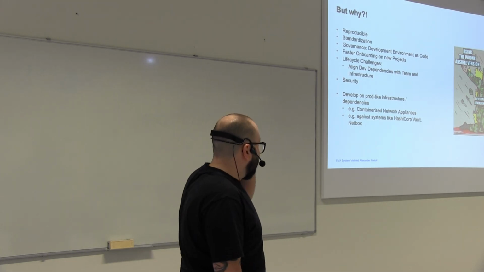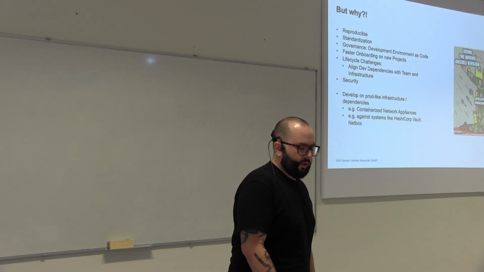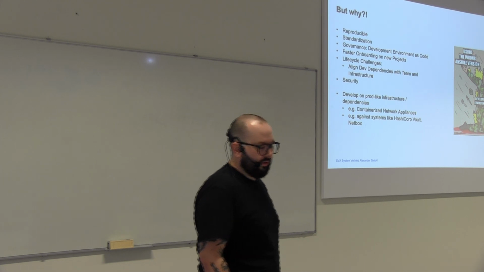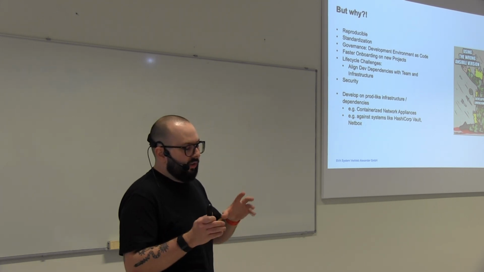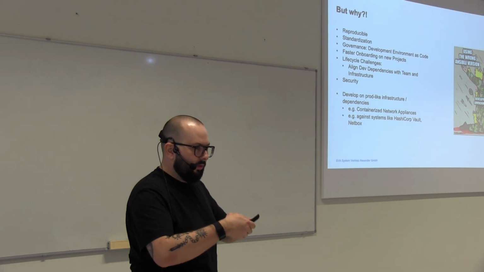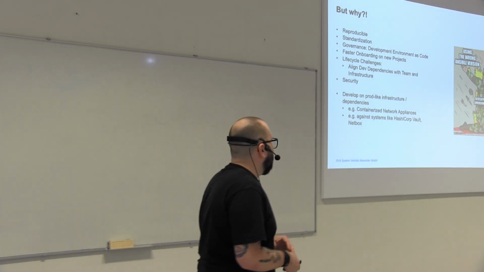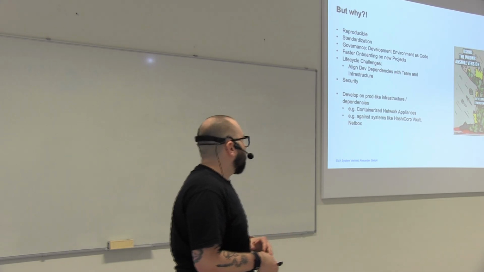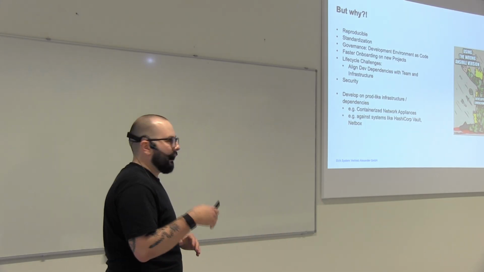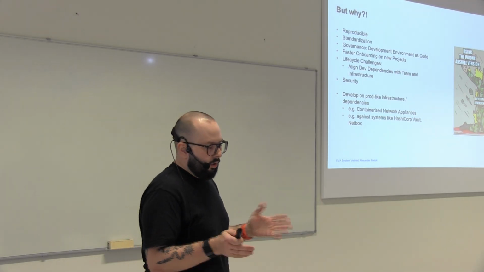And another thing that often gets overlooked is that it's not just hosting the development environment itself and having this as code, but also having the possibility to use prod-like infrastructure on your local environment.